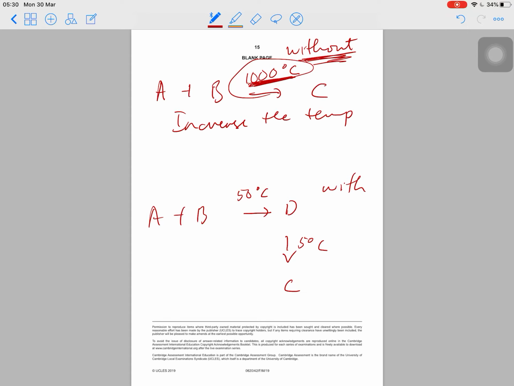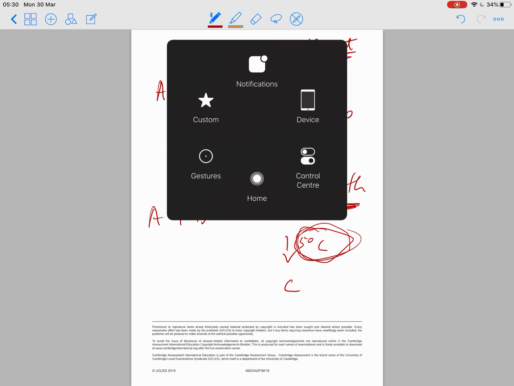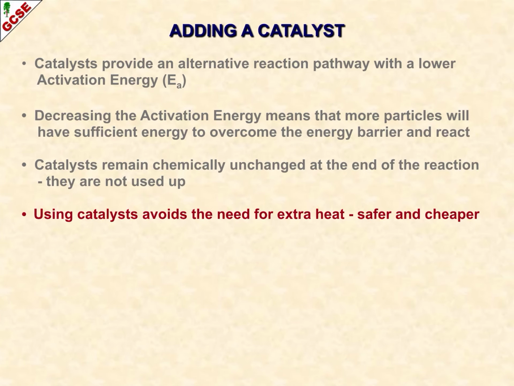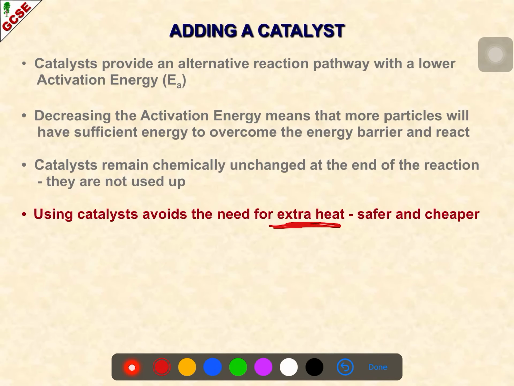So that's why most of the time you need a catalyst, because with a catalyst, you don't need to add too much temperature. Okay, you might add some temperature but not too much. You only need 50 degrees Celsius and then 5 degrees Celsius, which is not too much. So that's why using a catalyst avoids the need for extra heat, so that it is safer and cheaper.